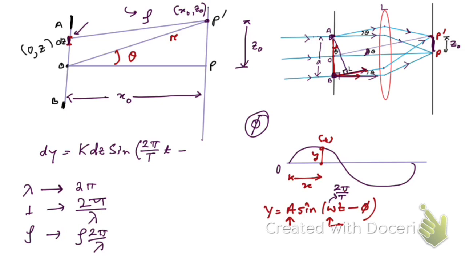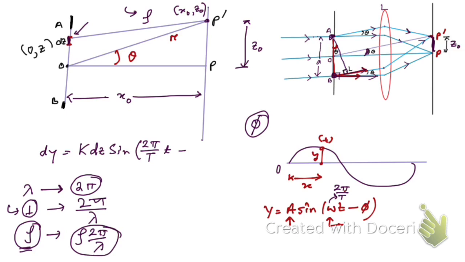If the distance between this point p dash and the point on dz is equal to lambda only, in that case the phase difference should be 2 pi. Now here the distance is rho, so first we found that if the path difference is unit, then the phase difference is 2 pi by lambda. So for path difference rho, the phase difference will be rho into 2 pi by lambda, right?